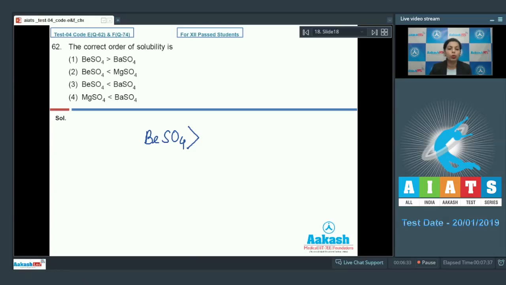BeSO4. This is most readily soluble, having maximum solubility. Then there would be MgSO4 and then BaSO4, and that is due to the relative sizes of cation and anion. Beryllium sulfate is most soluble, and on that basis, if you look at the given options, you will see that BeSO4 having more solubility as compared to BaSO4 is correct.